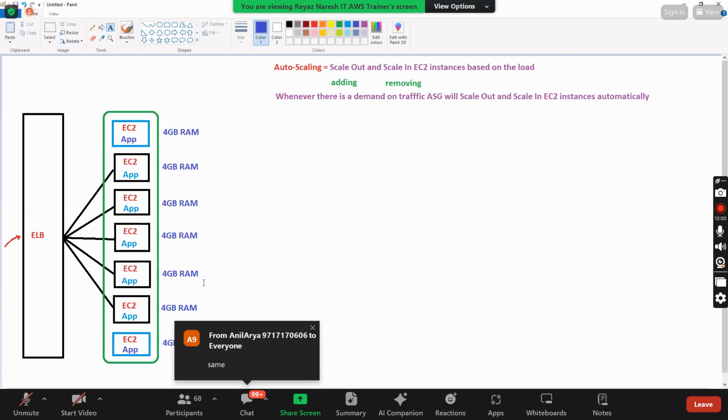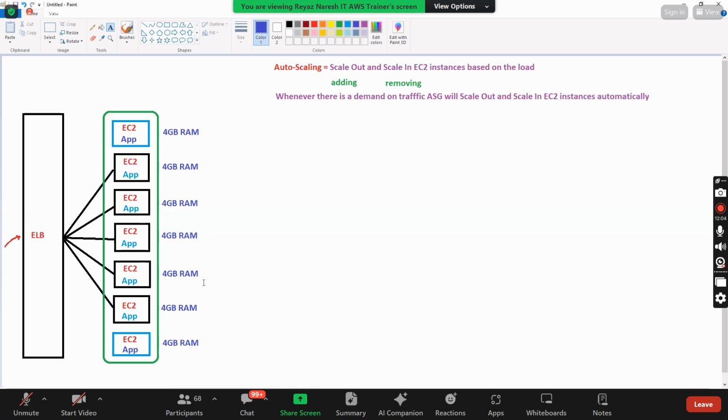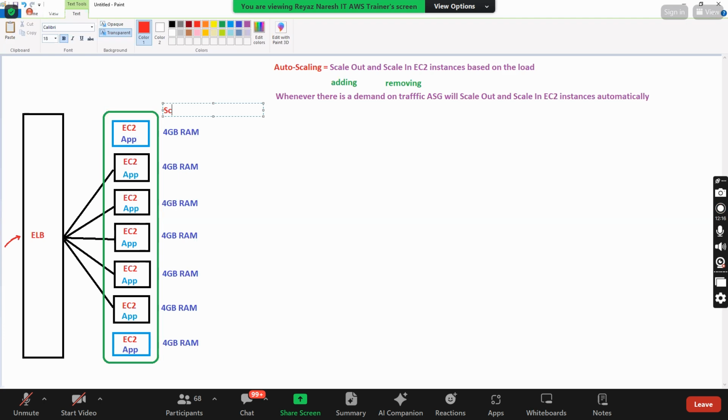No. What is scalability? Scale up, scale down. In the runtime, is it possible for you to increase 4 GB RAM to 8 GB RAM? Not possible. For that reason, we will launch multiple EC2 instances. Scale out will be happening here.